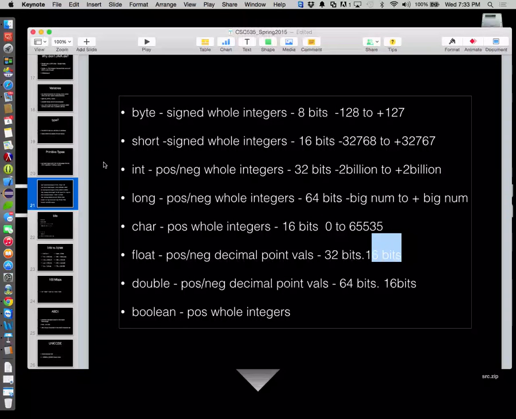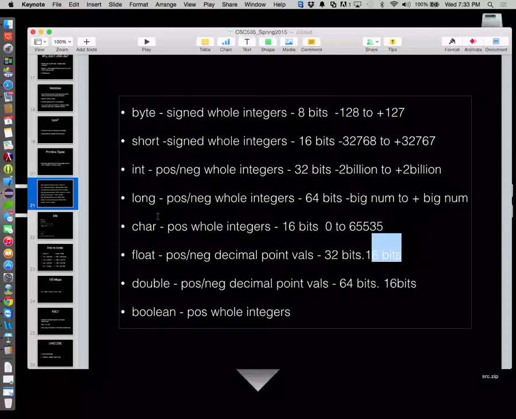All right, so the biggest value we can hold as a whole number in Java without getting more creative, the biggest number built into the language, is whatever the biggest number that a long holds, which is positive 2 to the 63rd power. Big number, right? Okay. Now, it's not an infinite number.